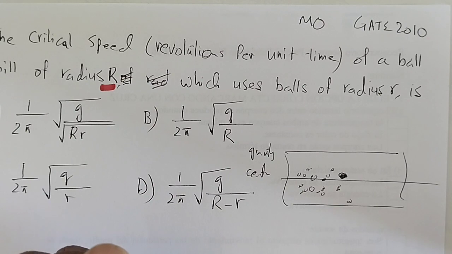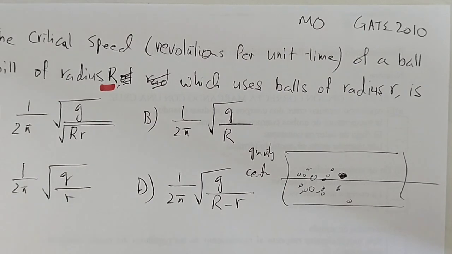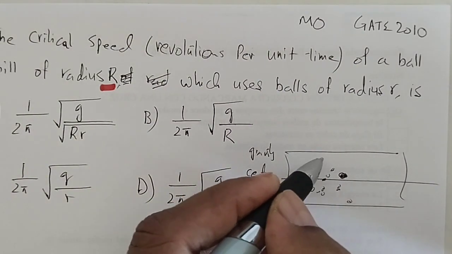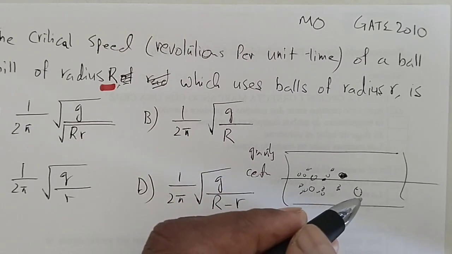So there won't be any impact. Impact is one of the methods to reduce the size or to grind the material. So there won't be any impact between the ball and the particles.